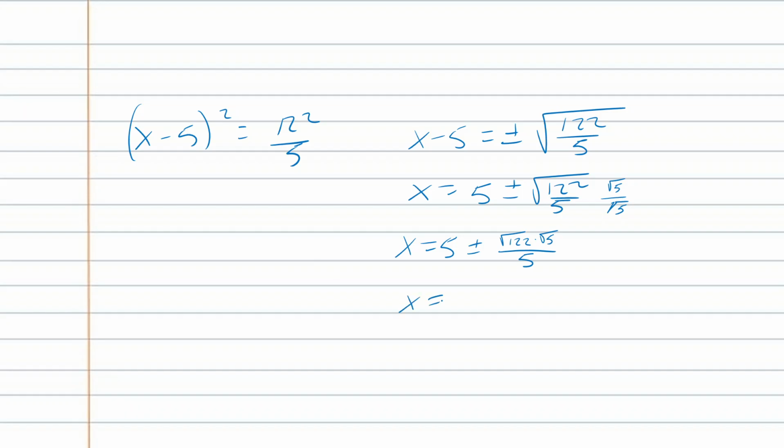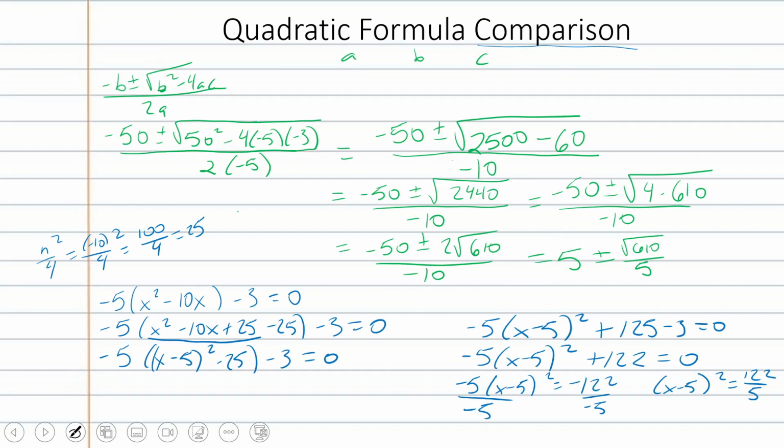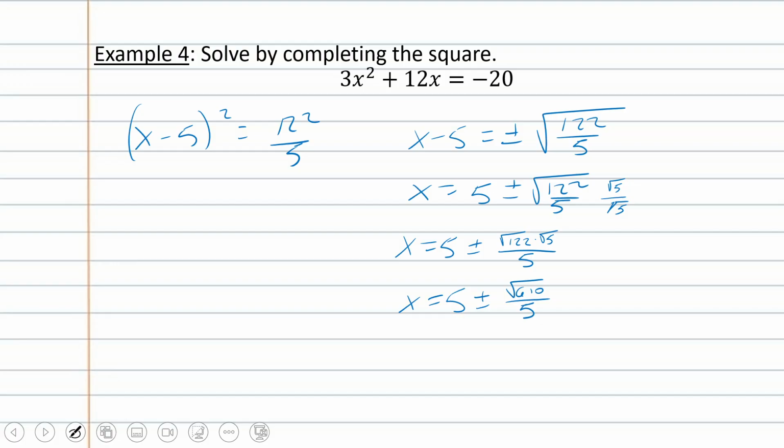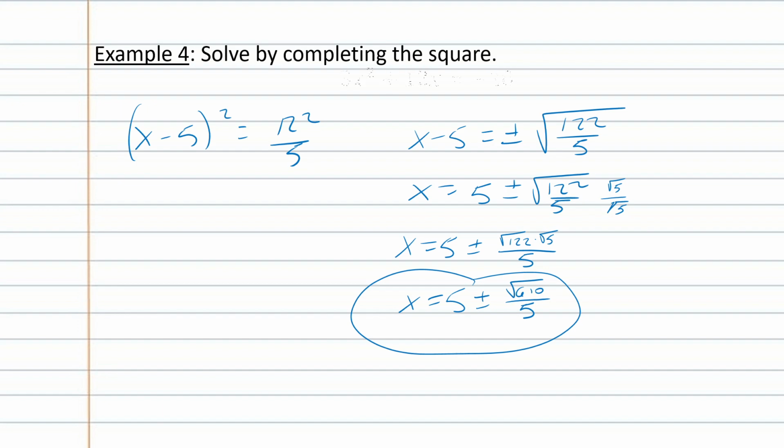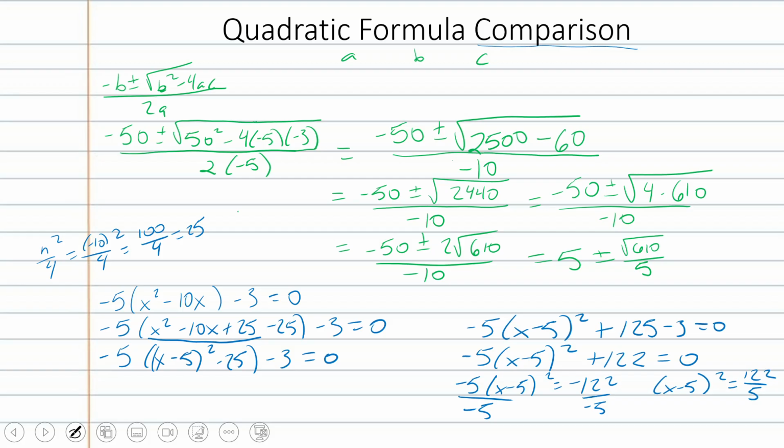So if we rationalize the denominator, it indeed does look like the same thing that we would get if we used the quadratic equation. Okay, because there's the quadratic equation, 5 plus or minus the square root of 610 over 5. All right, so either way you do it, you'll get the same answer.